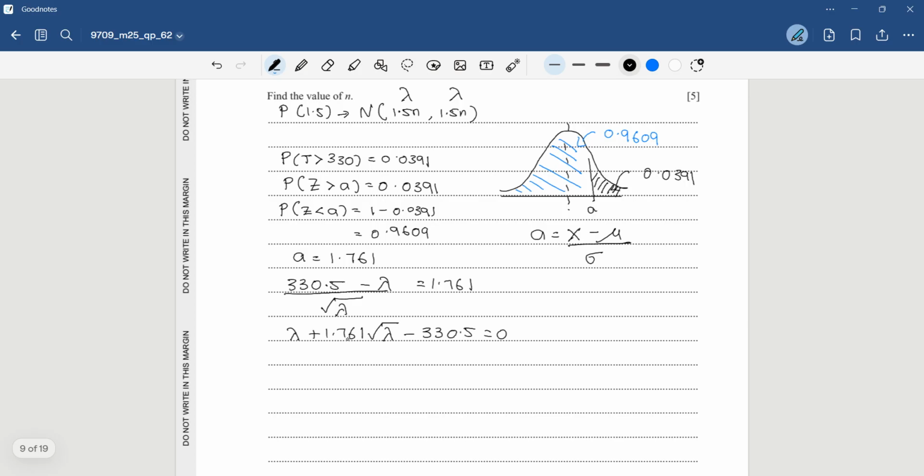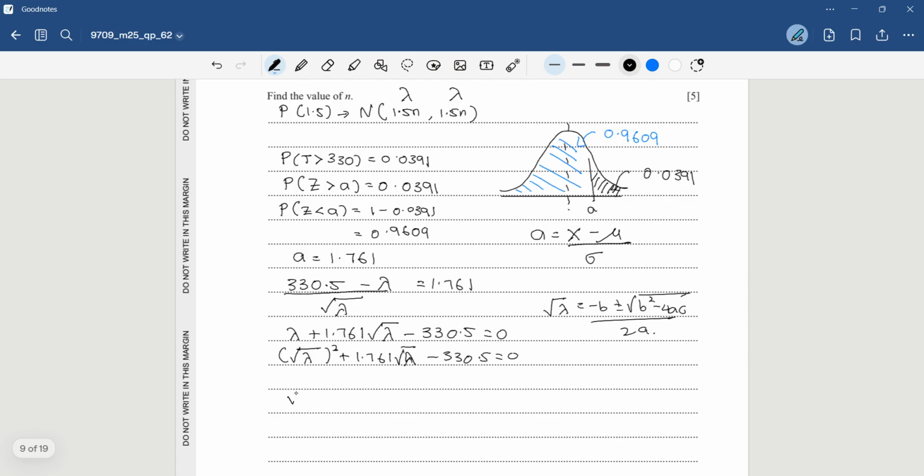This is a quadratic equation. You can rewrite it as root lambda squared plus 1.761 root lambda minus 330.5 equal to 0. From here you can use the quadratic formula, where root lambda equals negative b plus or minus the square root of b squared minus 4ac over 2a.